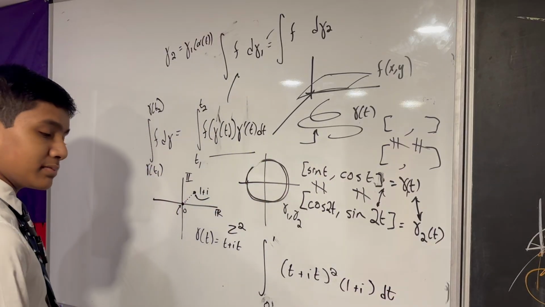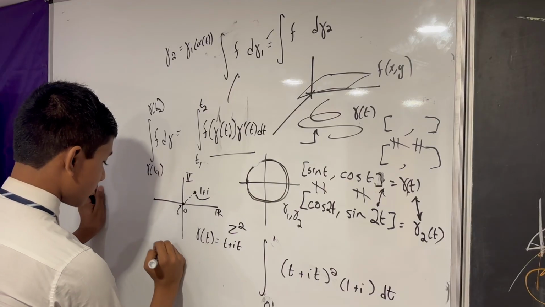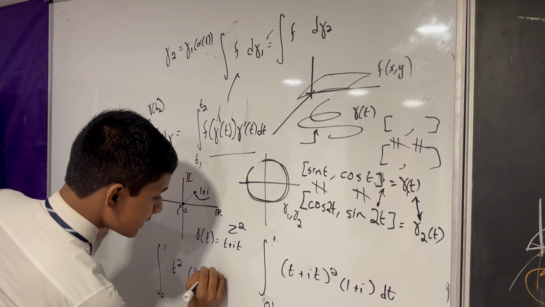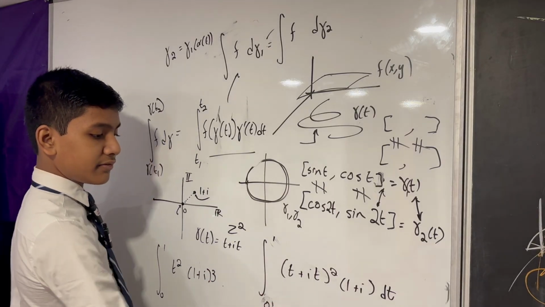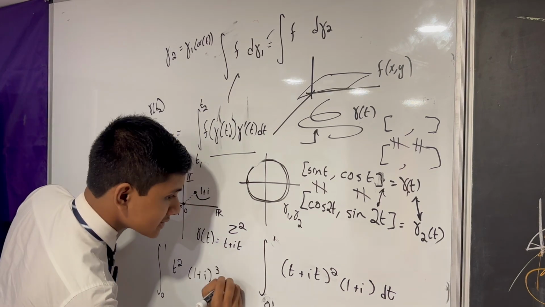And now we just simplify this like a regular integral. This becomes the integral from 0 to 1 of t squared multiplied by 1 plus i cubed, if you factor out the factor of 1 plus i.